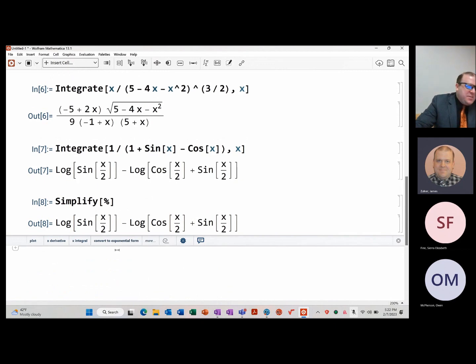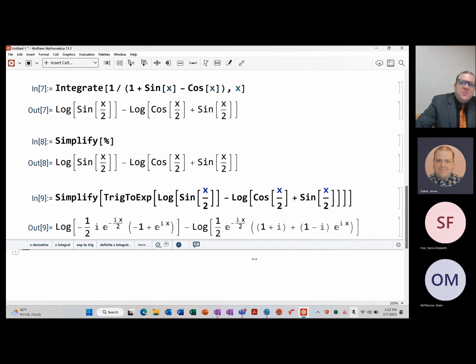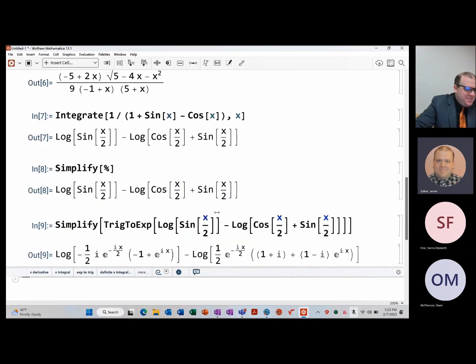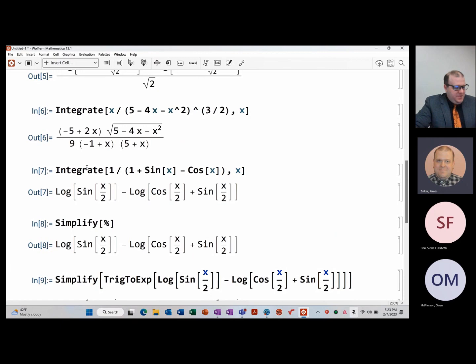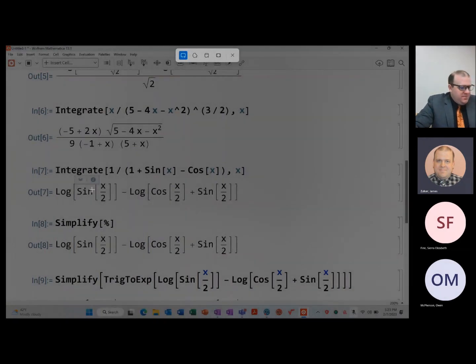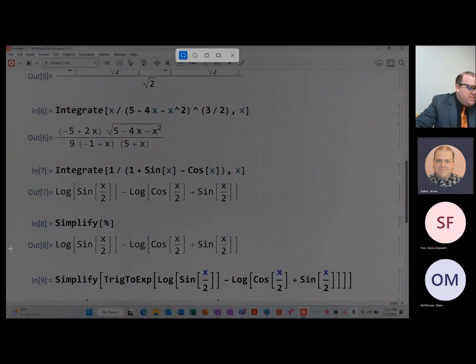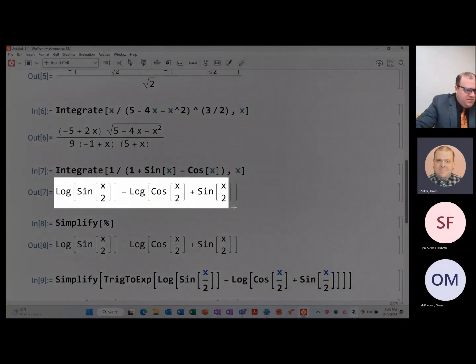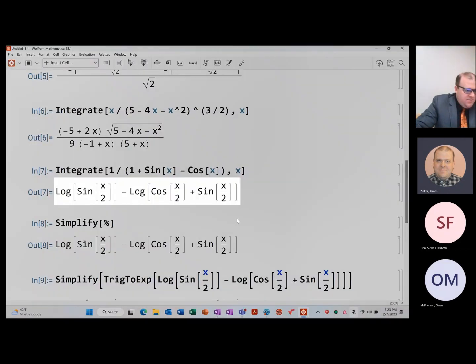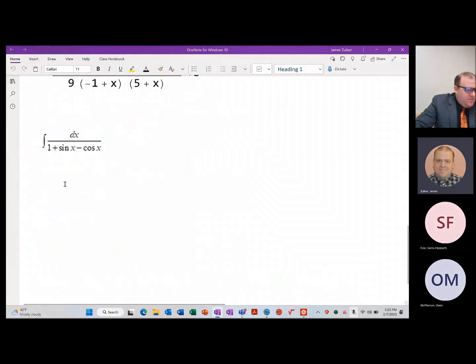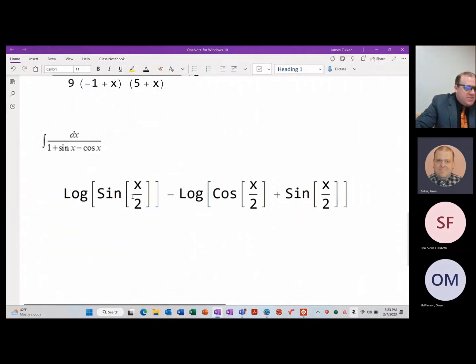I could convert it to exponential form, which looks really hideous, so you don't want to do that. And that's just for fun. So we'll just go with that.